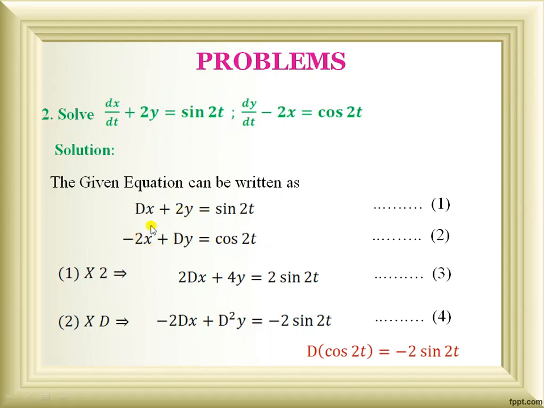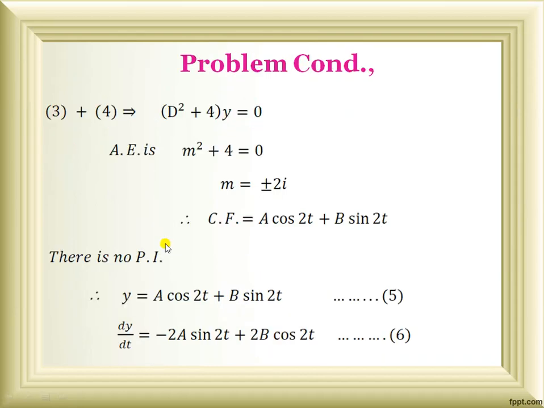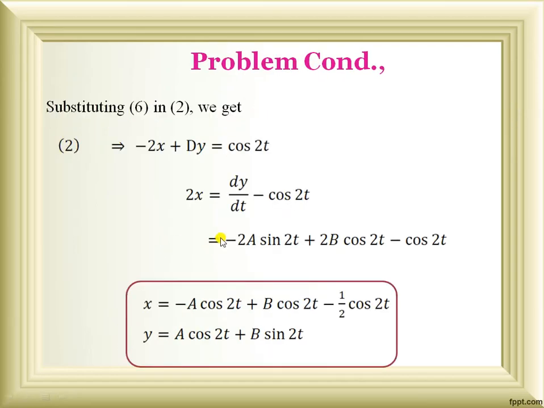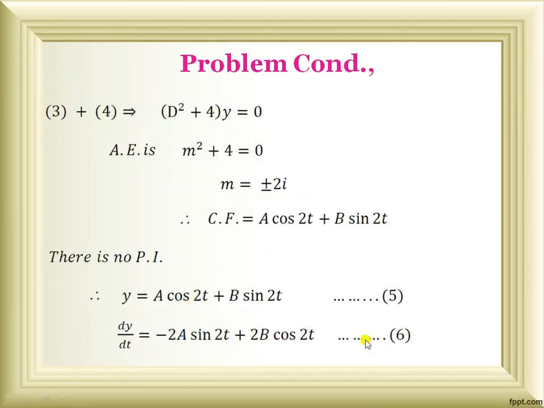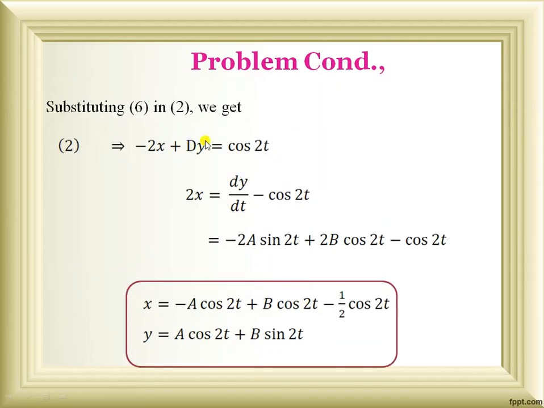That's why I am choosing this one. Wherever I have the variable alone without a derivative term, that is the equation I need to choose for finding that particular variable. So therefore, I am going to substitute equations 5 and 6 in equation 2.